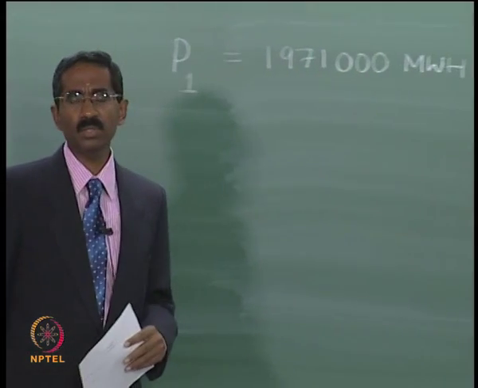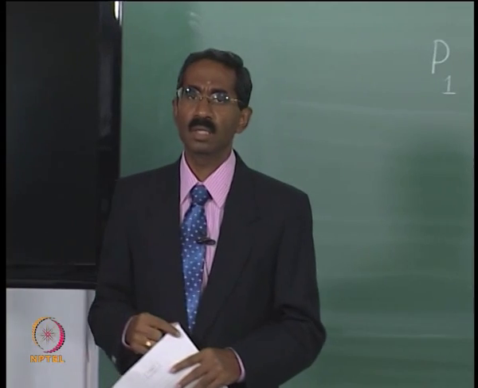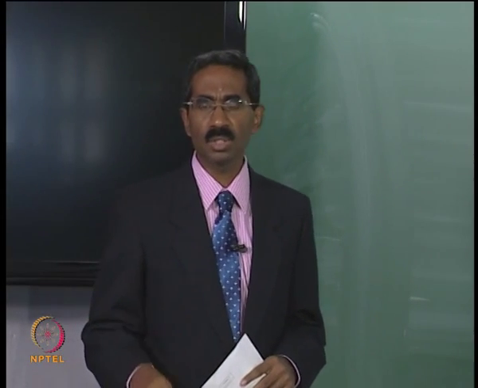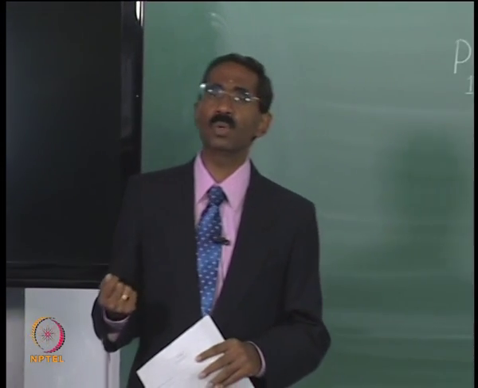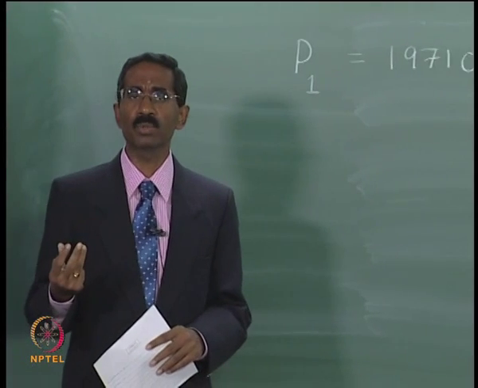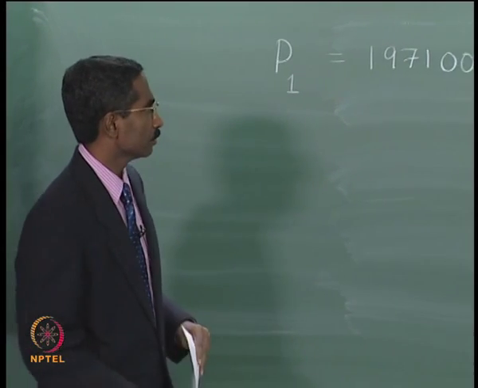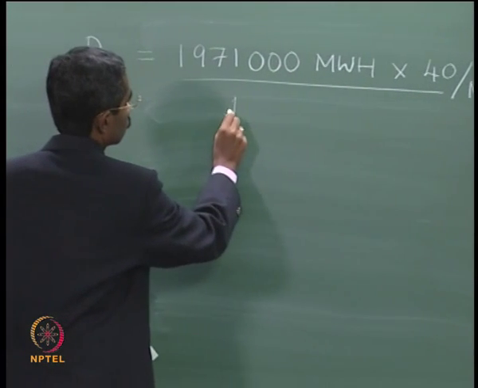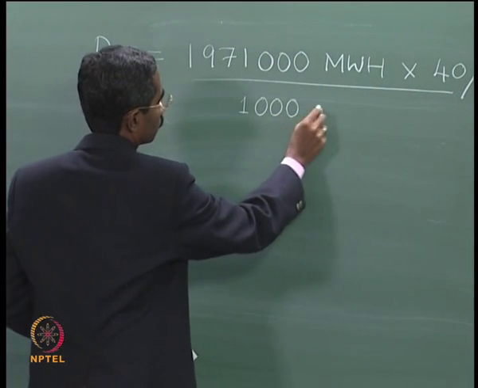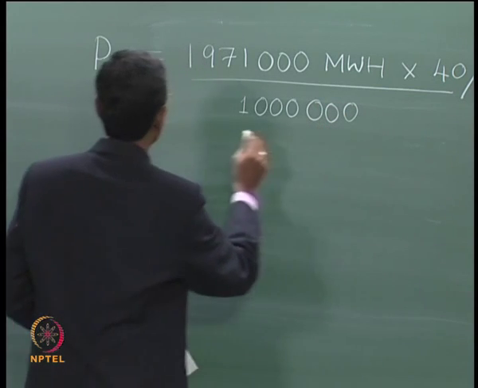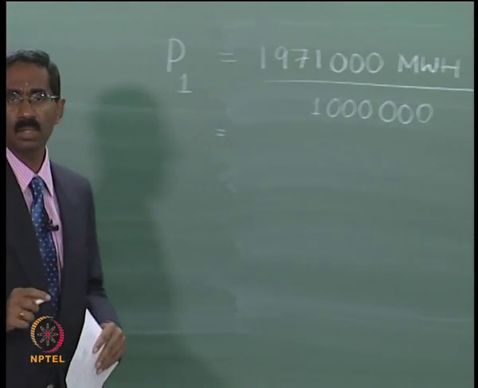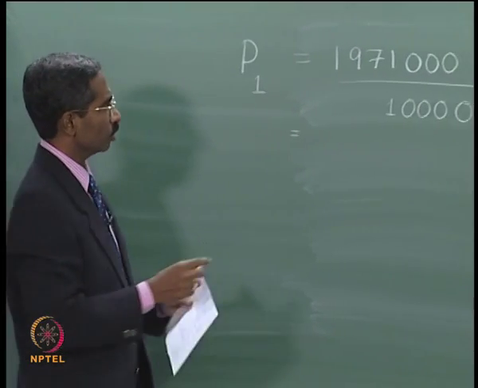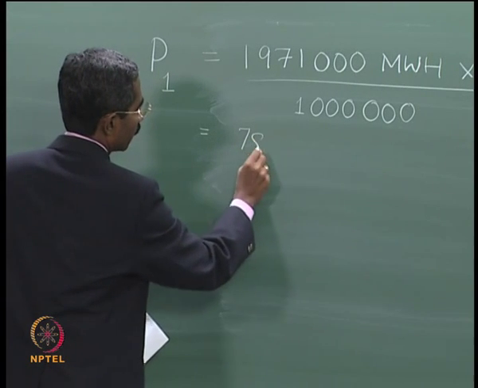So the product of the total power that has been generated and the price at which this power is going to be sold will give you the total revenues from electricity, and this we divide by 1 million to make the number look smaller, and this gives you a number of 78.84.